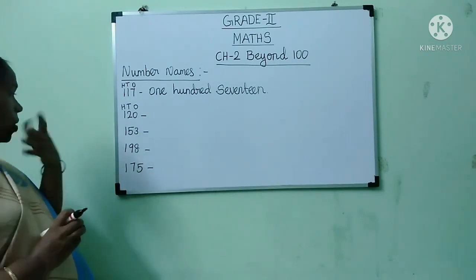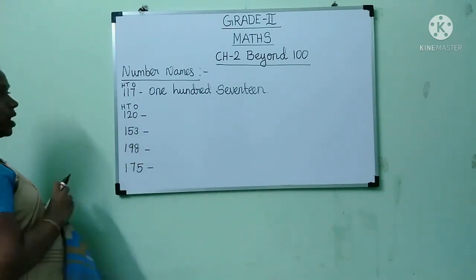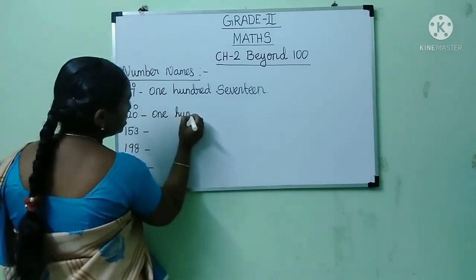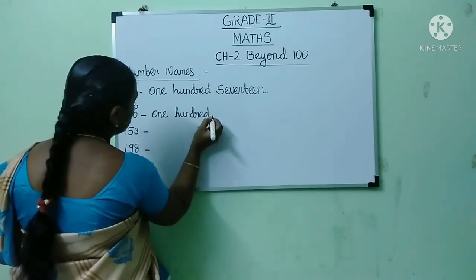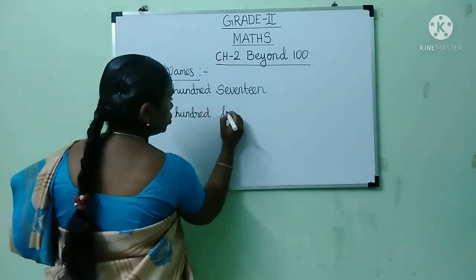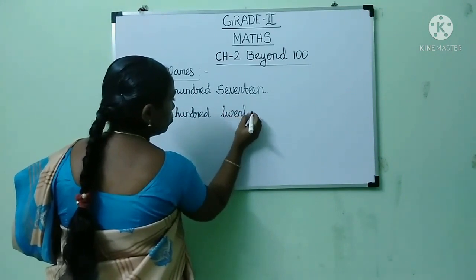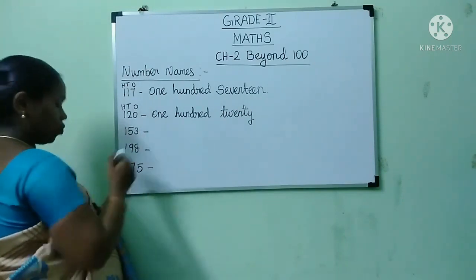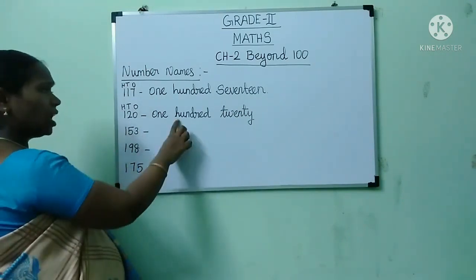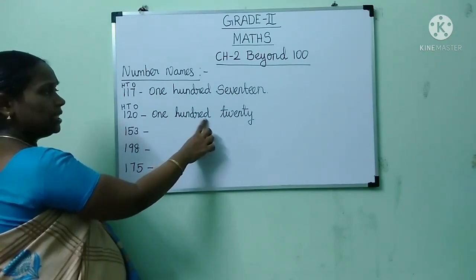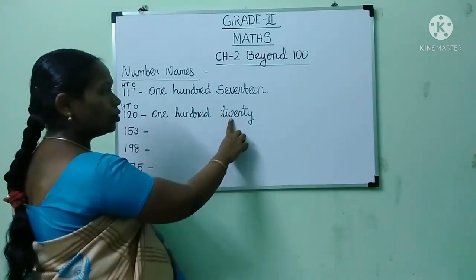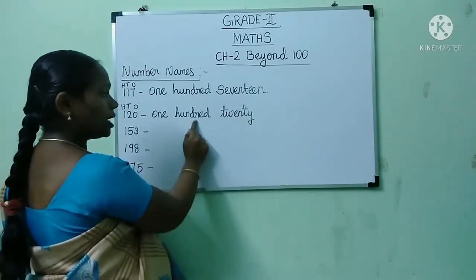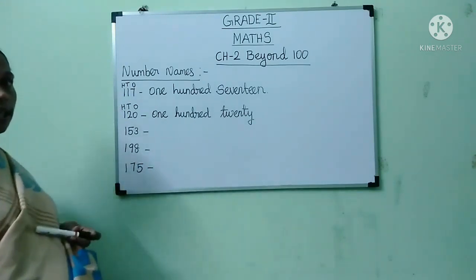Are you clear, children? So write O-N-E, 100. H-U-N-D-R-E-D, hundred. 20, T-W-E-N-T-Y, 20. 120. Are you clear, children?